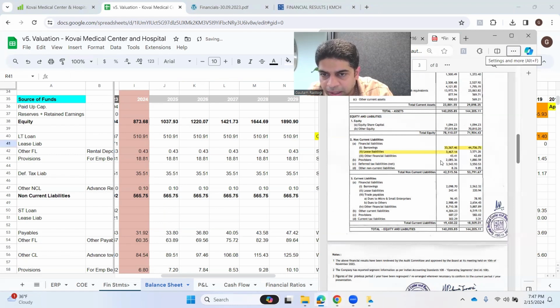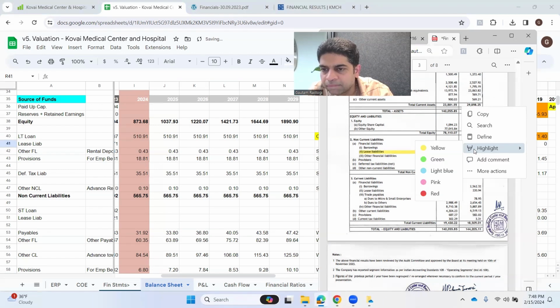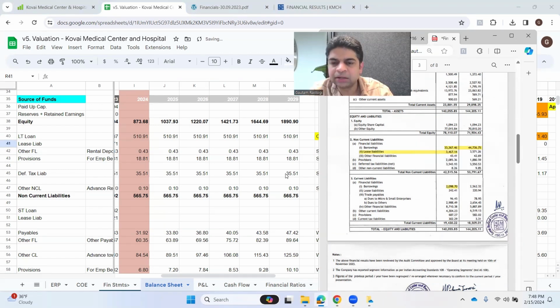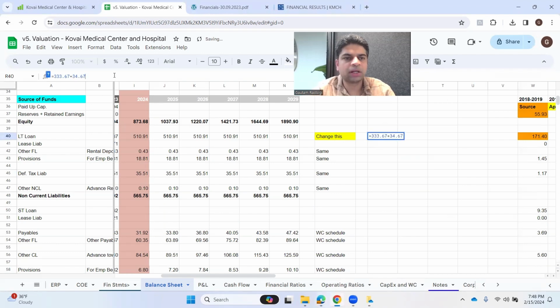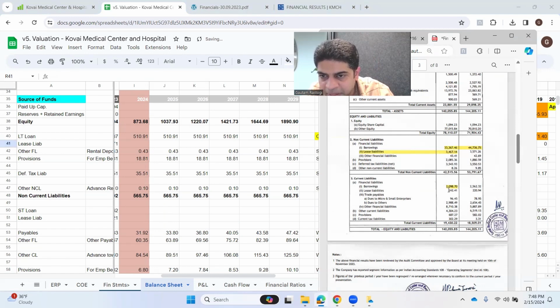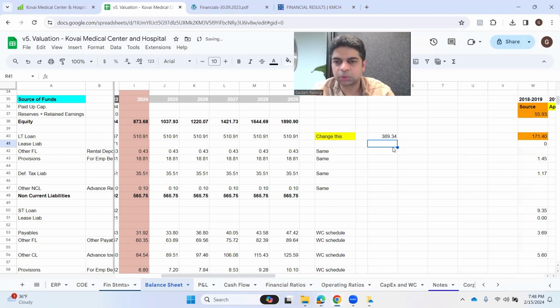And then let's look at borrowings. Short-term borrowings 20.98. So let's write 20 plus 21. And then lease liability is 2.42, so yeah, 2.4. See, so this is their debt.